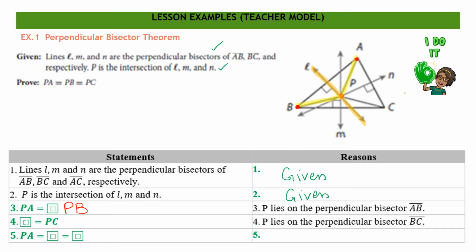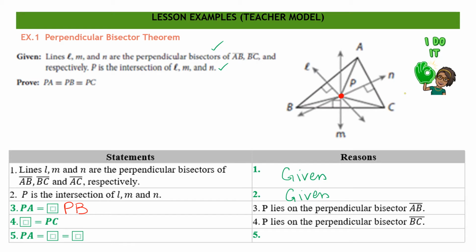Let's look at statement number 4. Let me clear this off so we can look at the second statement. Statement number 4 says some segment is equal to PC because P lies on the perpendicular bisector of BC.